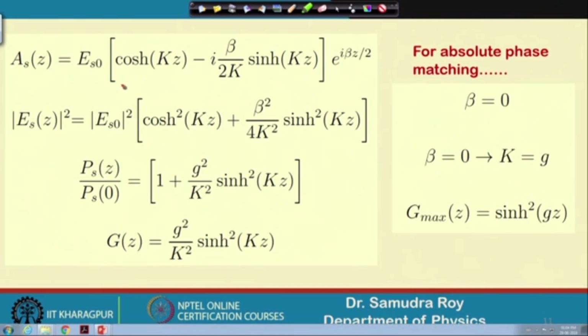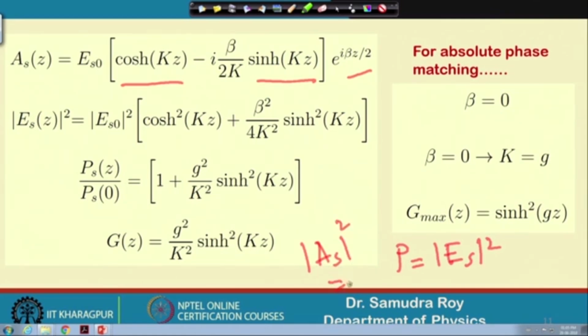So, we have a cosh term, cosh kz, plus i beta over k sinh kz term, and then e to the power i beta z by 2. Next, I want to find out what is the corresponding power. So, I know that power is proportional to the fields square, and if you go back to the transformation, you can see that A and E are related in such a way that mod of A_s square is equal to E_s square.